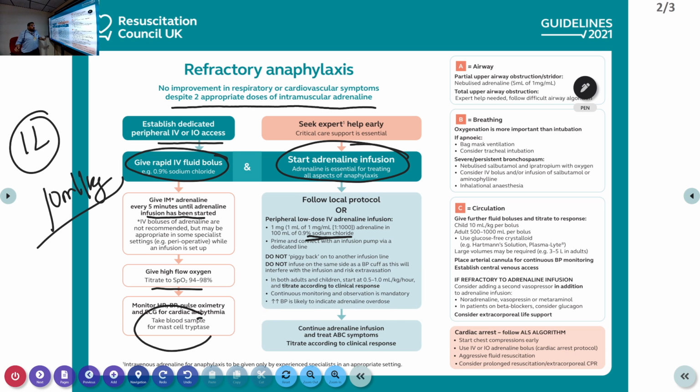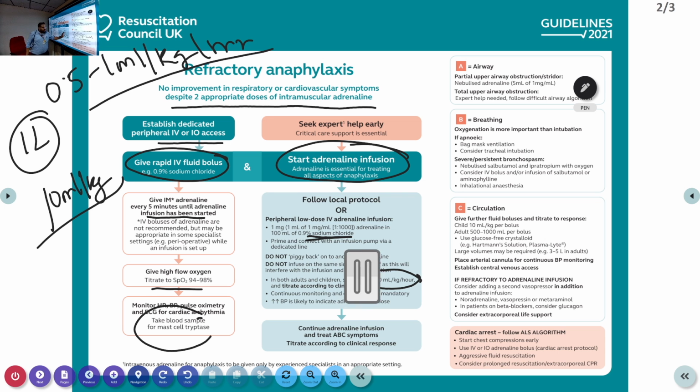Then in both adults and children, the dosage is very important: 0.5 to 1 ml per kg per hour infusion. This is the dose.